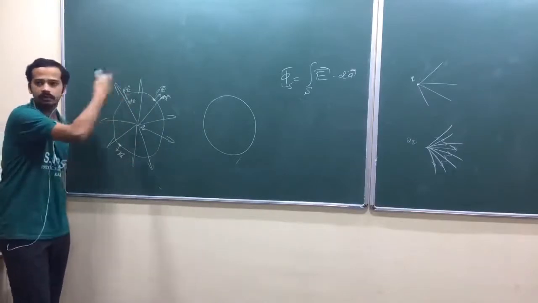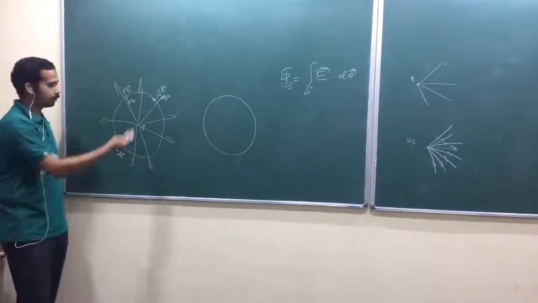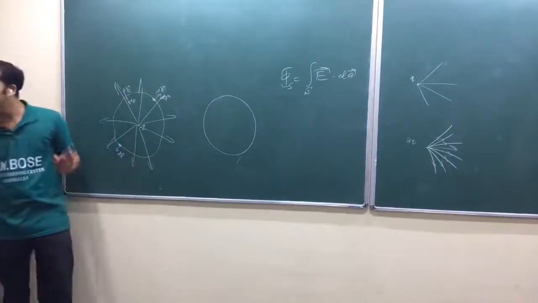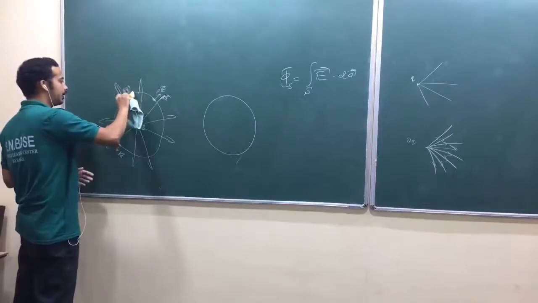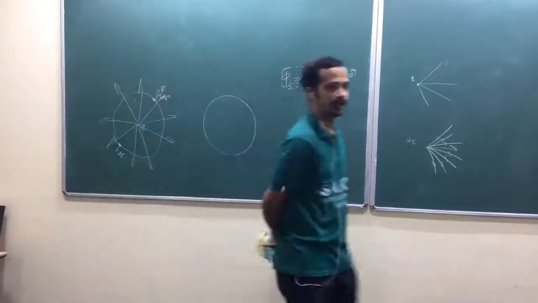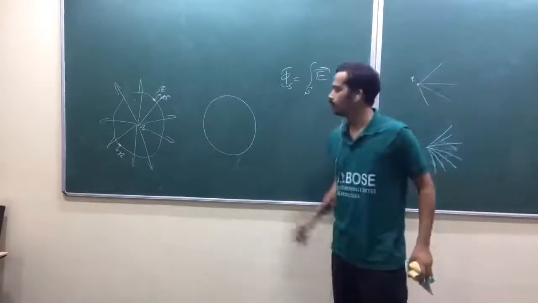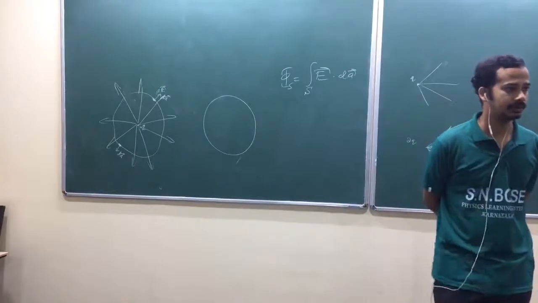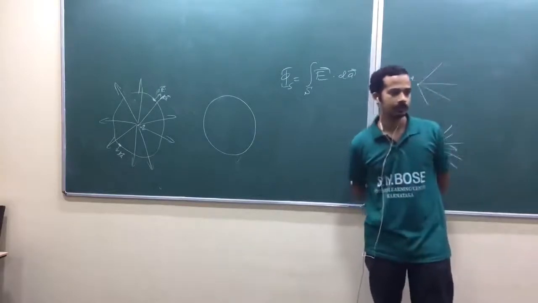So when you integrate throughout the surface, you will get net negative flux. Am I right? So our idea is to make outward flux positive, inward flux negative. To make outward flux positive, you have to choose your area vector outward from that region. Just draw that and think over it.